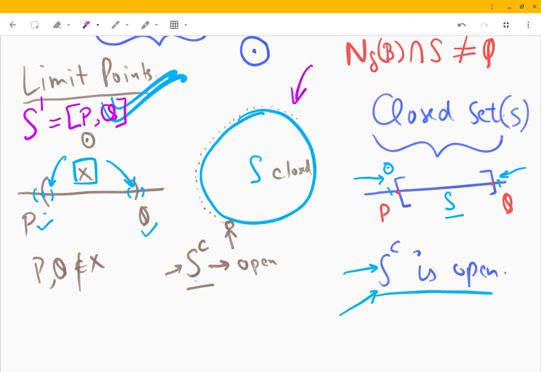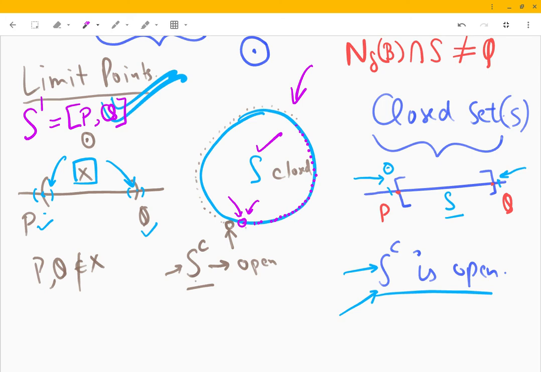Similarly, in this case, all the points lying on the circumference are limit points, because their delta neighborhood from this side contains infinite elements belonging to the set we're talking about.